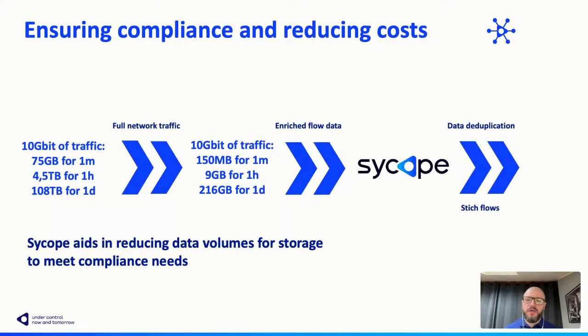If we change it into the NetFlow data, it means that we can reduce the amount of data in the proportion of around 500 to 1. So it means that we need 500 times less storage to store the data. It means that we can store the information for a longer period of time.